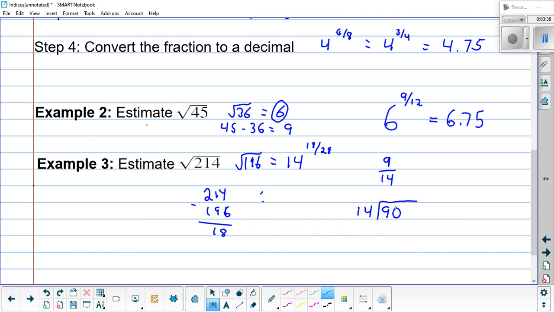It fits 6 times, and we're left over with 6, because that makes 84. We can't do anything, so we add a 0.